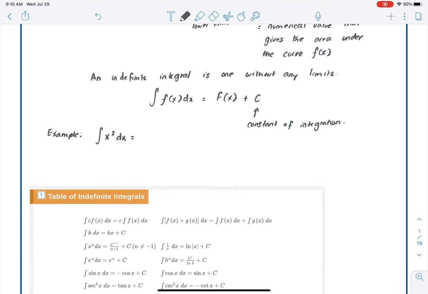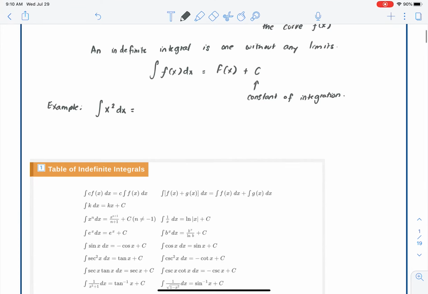So yes, if you differentiate the uppercase F of x, you would end up getting the lowercase f of x. So the uppercase F of x in this case is x cubed over 3. Now if I differentiate this, I end up getting 3x squared over 3. The 3's would go away. I get x squared. Now, all we know is if we differentiate x cubed over 3, I get x squared.